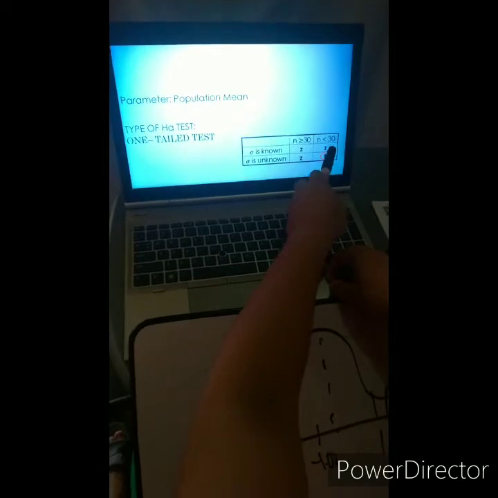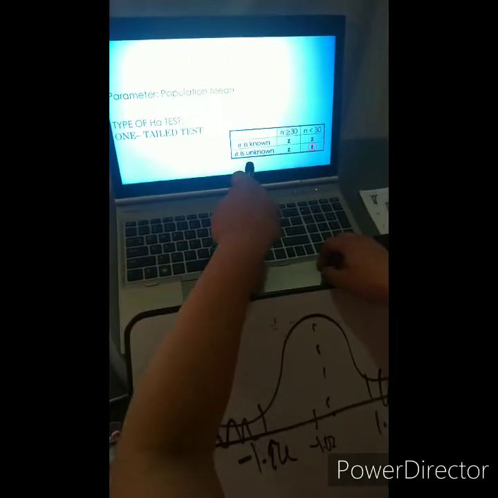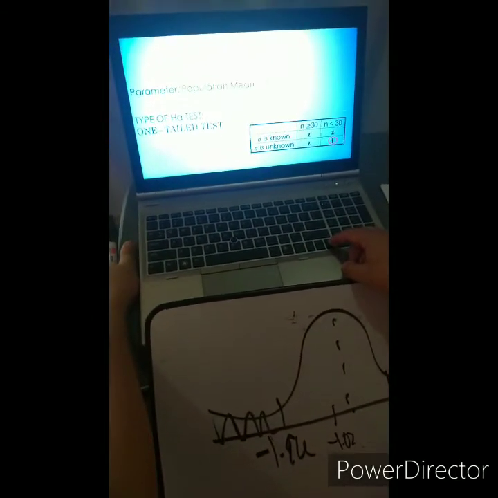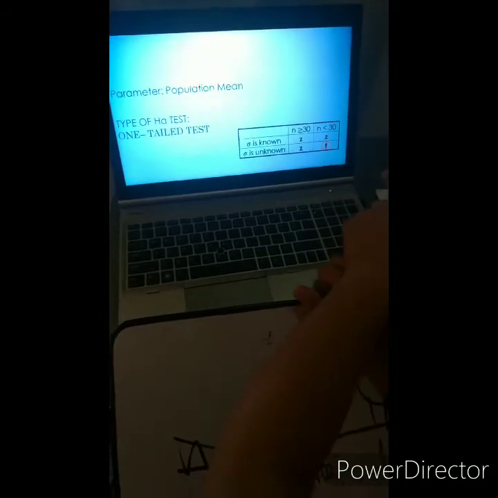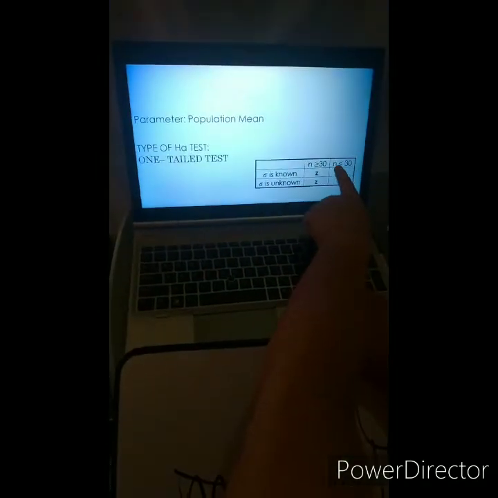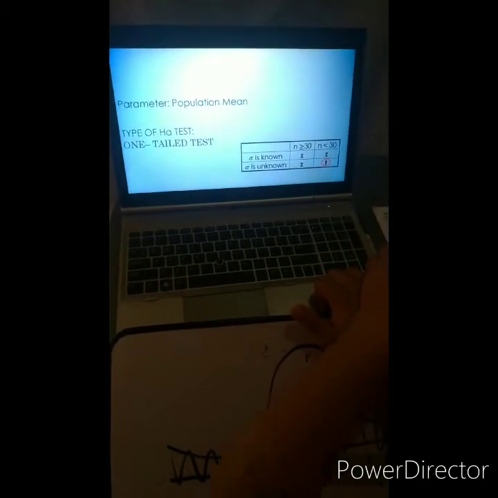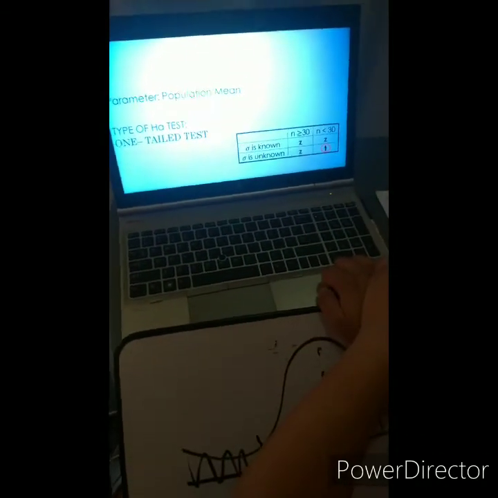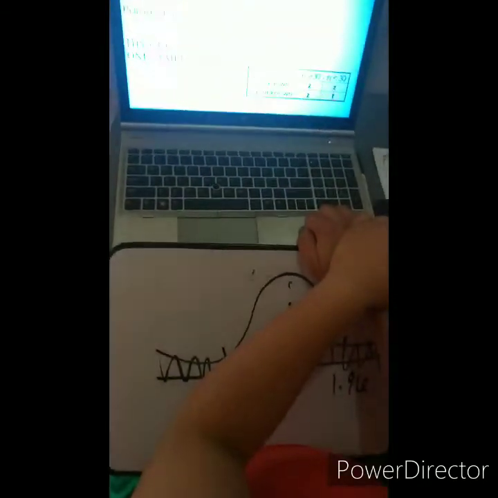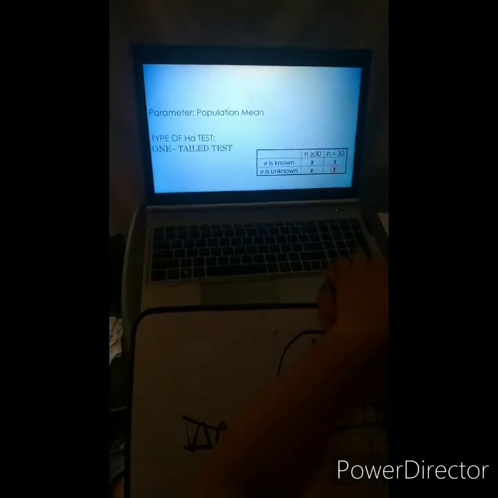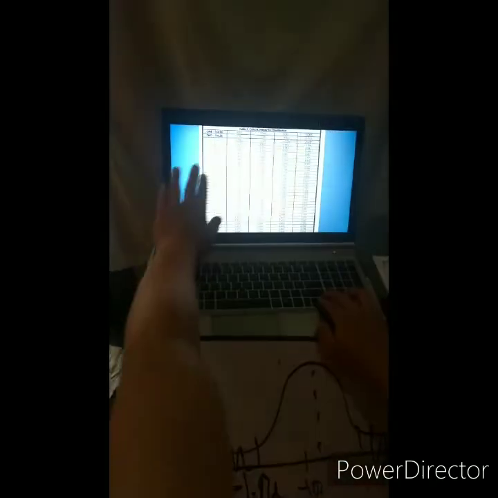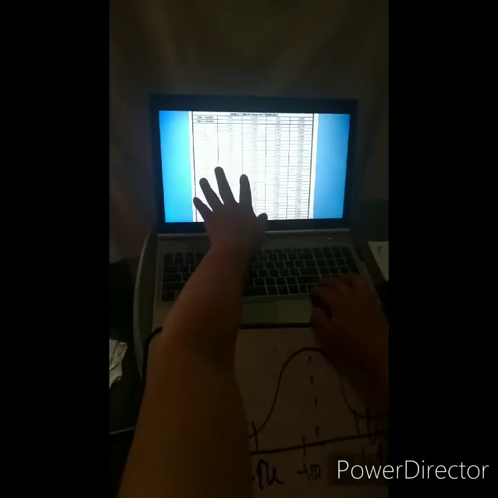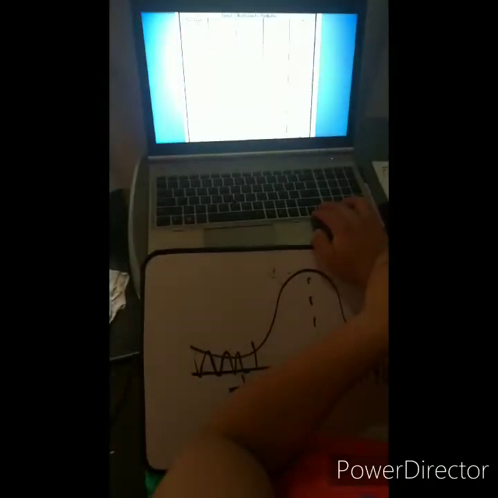No, n is less than 30, and you do not know the population standard deviation. What is given is the sample standard deviation. So we use the t-test. I have given you already this t-value table. We could use that if you want.